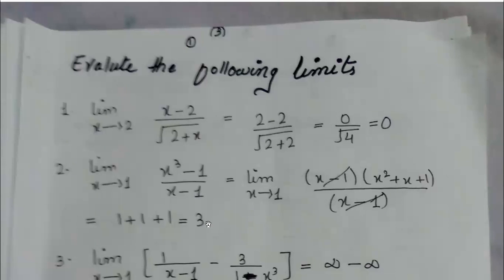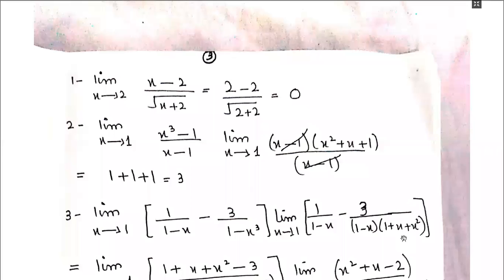Okay, another example, another problem. Limit x tends to 1, 1 upon (1 minus x) minus 3 upon (1 minus x cube). Now in the first step, we always apply the limit directly.